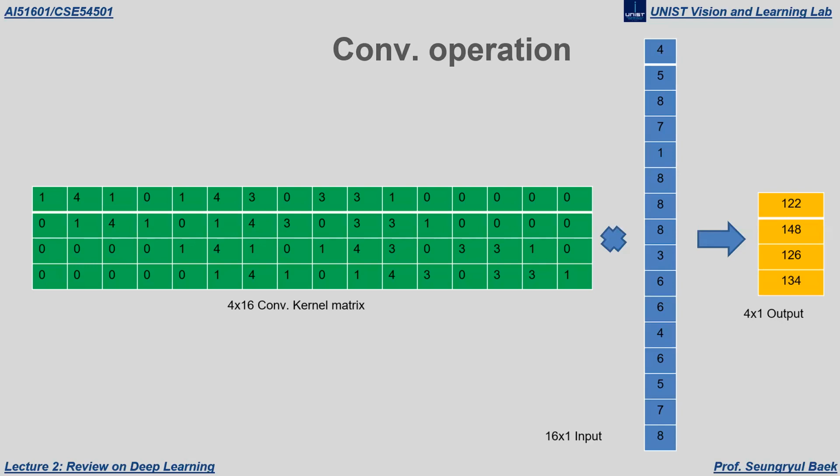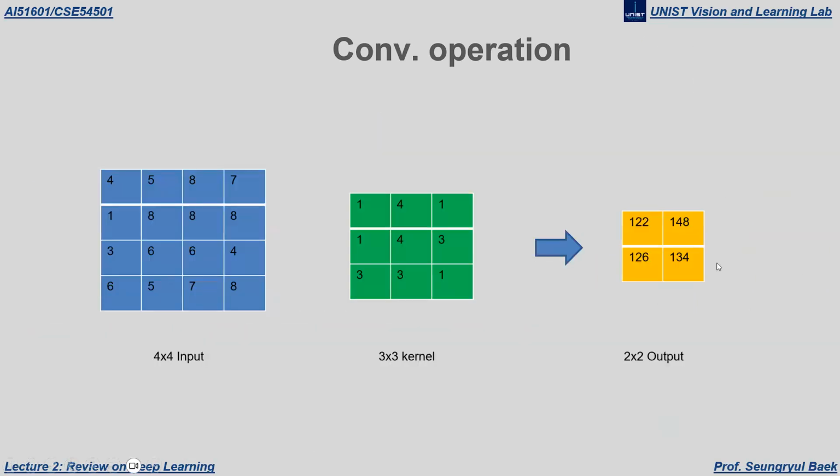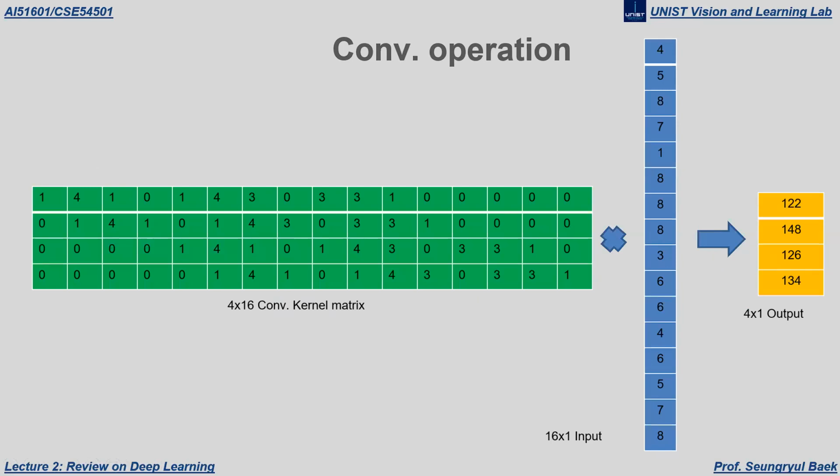The convolutional kernel matrix is multiplied with the flattened input image, and these outputs come out. If you arrange this in the 2x2 space, it coincides with the values we already know. So convolution operation could be represented as this matrix multiplication, which is faster in implementation.